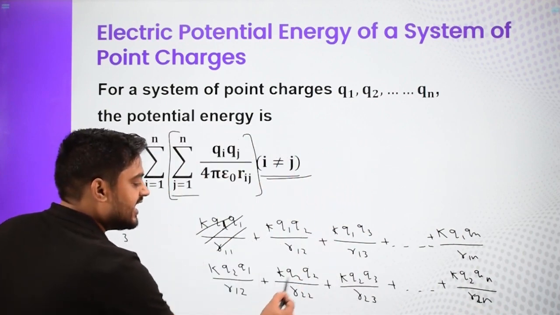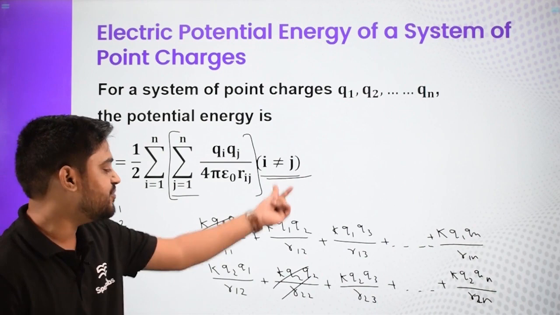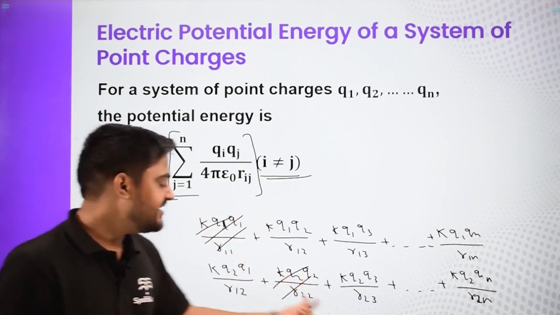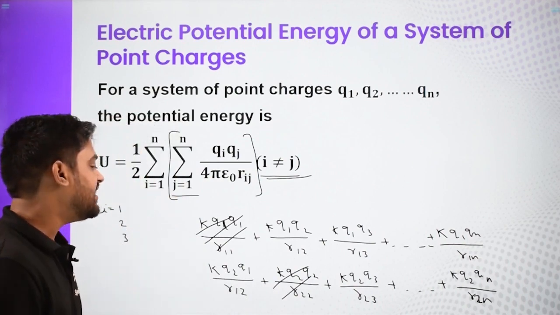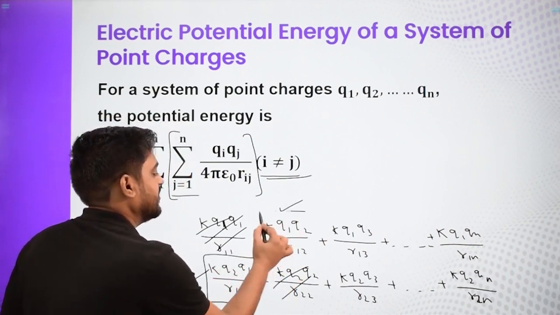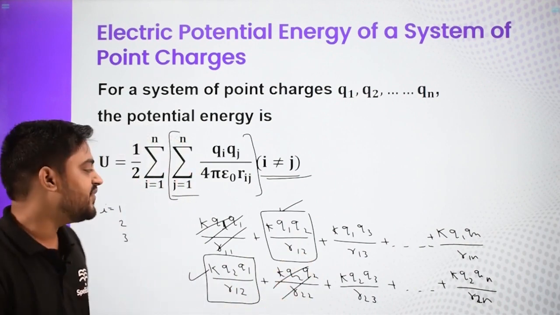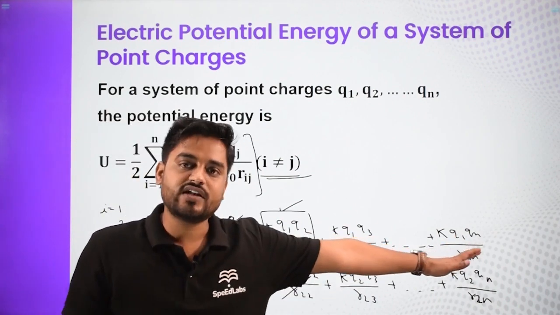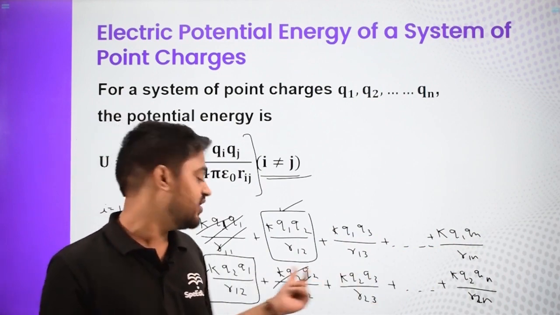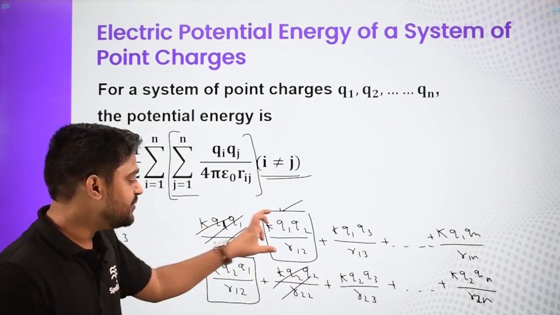Now this first one I don't have to consider because i and j are both 2. So when you are writing these terms, n terms cancel out automatically. But you see this term has been repeated. When writing the row for 1, 1 with 2 comes, and when writing the row for 2, 2 with 1 also comes. So it comes 2 times.